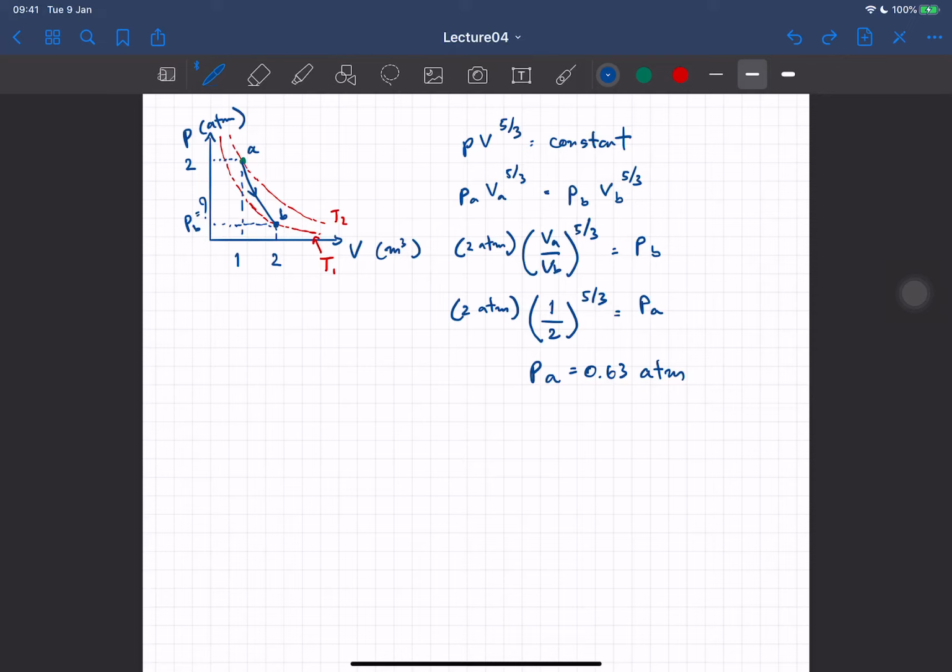PA is the initial point, so PB is what we want: 0.63 atm. And if you want to calculate something related to temperature, like the temperature at point A or point B, once you know pressure and volume at both points, you can use PV equal to nRT to calculate the temperature.